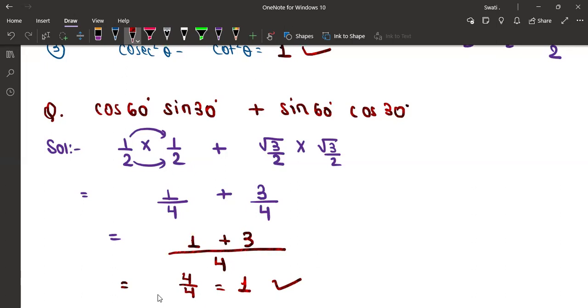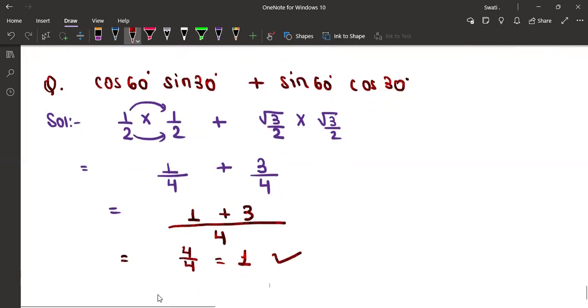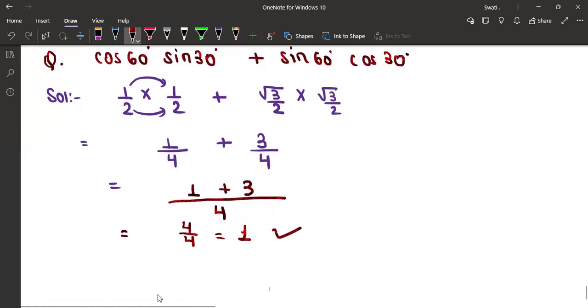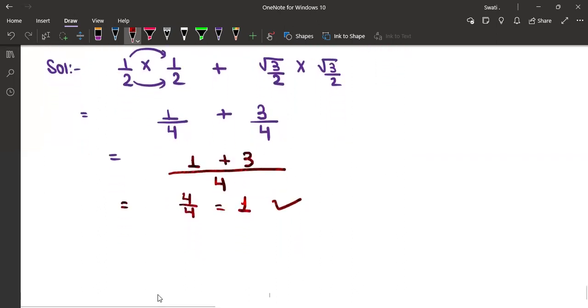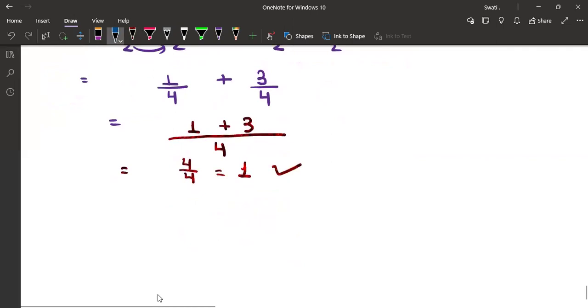Now, before we go to the next question, Manya, let's take a pause and tell me, are you understanding every question? Yes. You're having no doubt? No. Okay. So now the next question that I'm going to give you is, see, this of course will not be given in your question paper that this question is based on this formula or that formula.